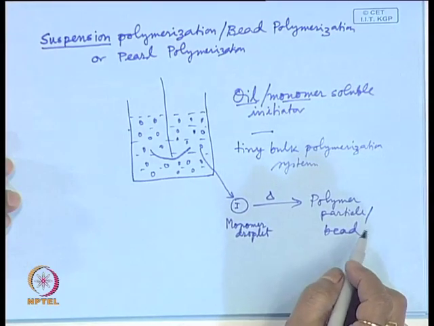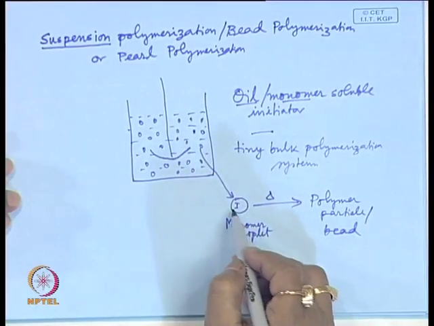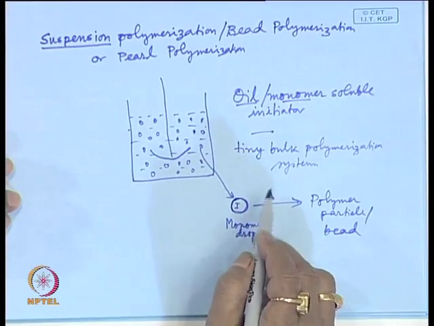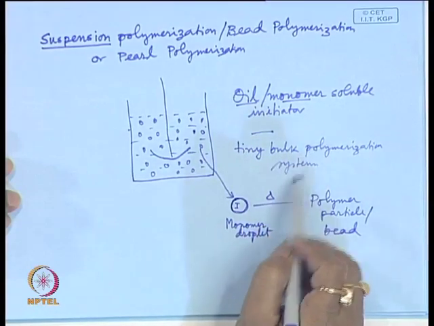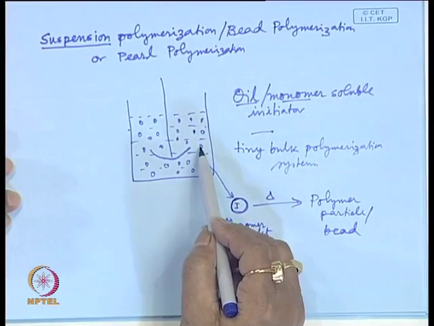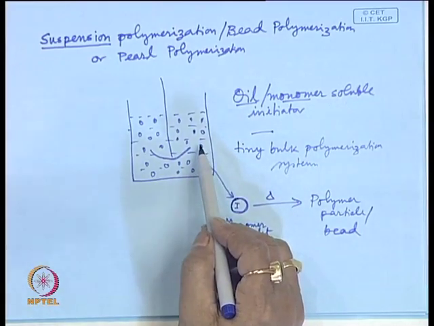Now, here the advantage is, as I told, that each and every monomer droplet behaves like a tiny bulk polymerization system. So, we are getting the advantage of a bulk polymerization system in a miniaturized version. The heat generated within this small droplet will be dissipated through the aqueous phase.